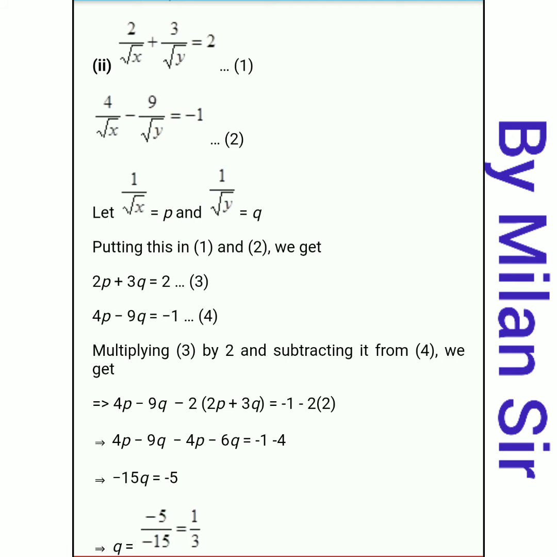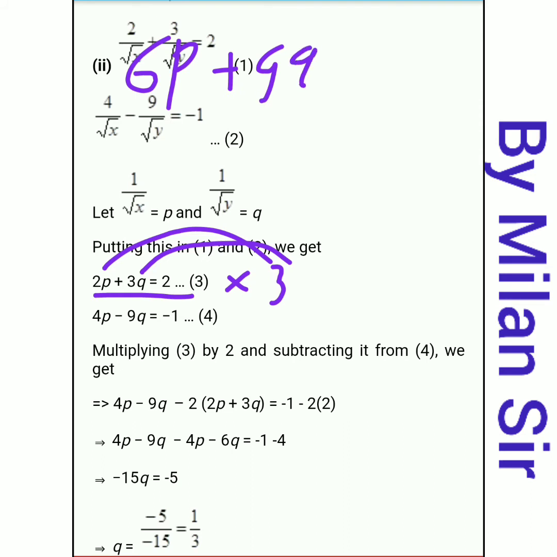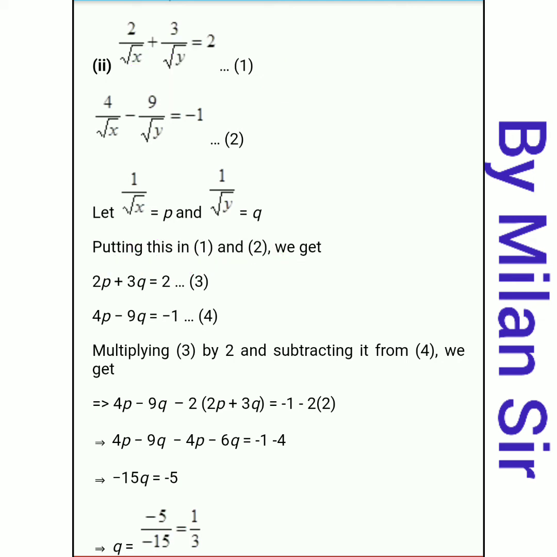Okay, so what we need to do, first of all, multiply equation 3 by 3. So here 3 2s are 6p, then 3 3s are 9q, and here right hand side 3 2s are 6. Okay, we multiply equation 3 by 3 on both the sides. So 6p plus 9q is equals to 6.